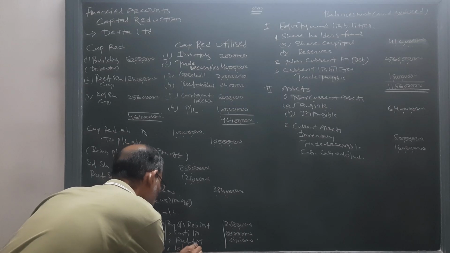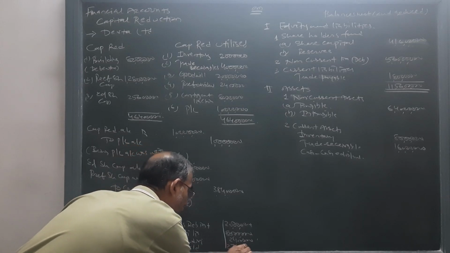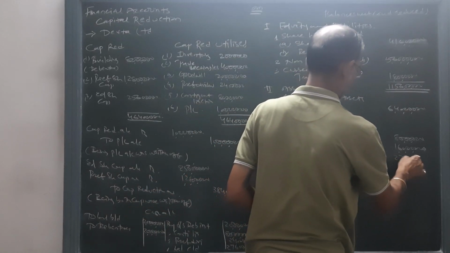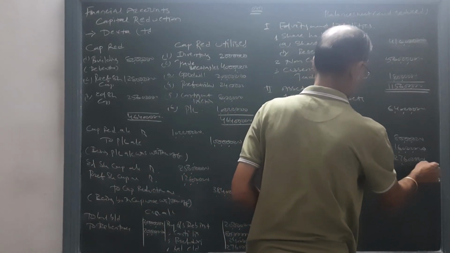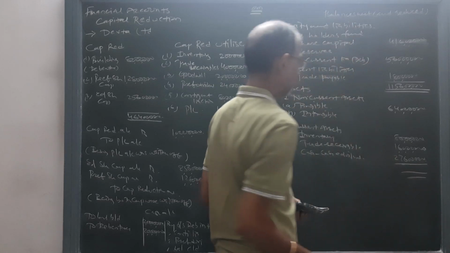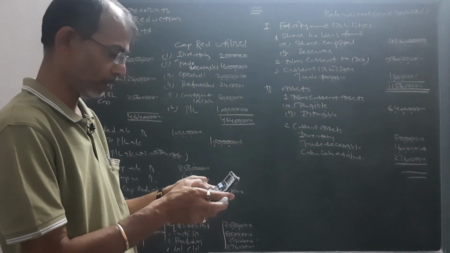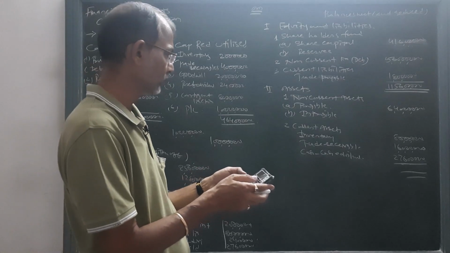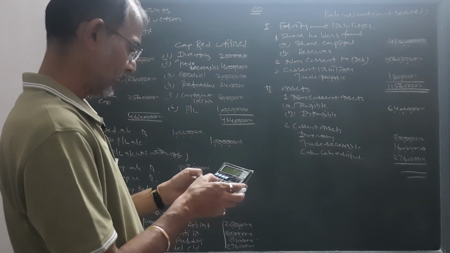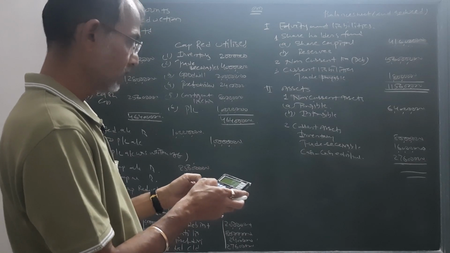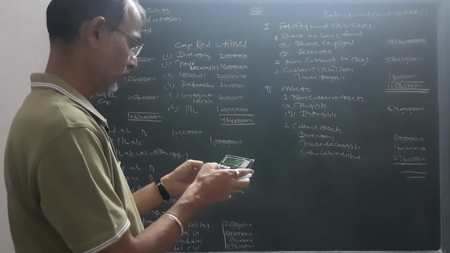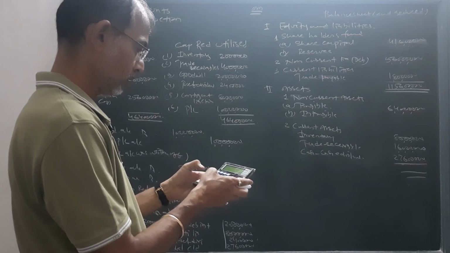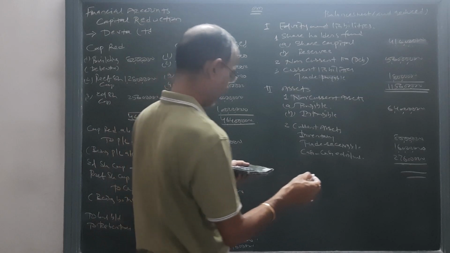By balance c/d 2 crore 76 lakh. Now let's check the total of asset side. 6 crore 40 lakh plus 80 lakh and 1 crore 60 lakh, 11 crore 56 lakh.